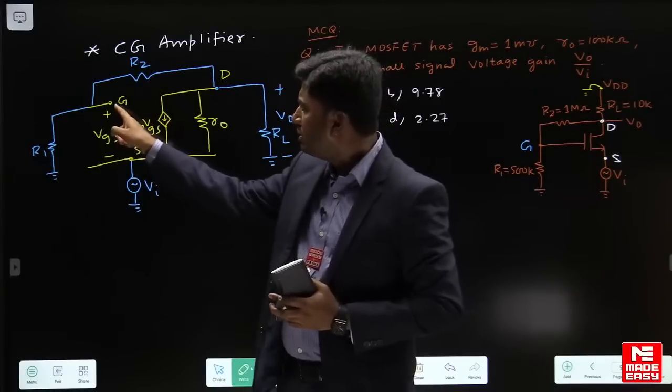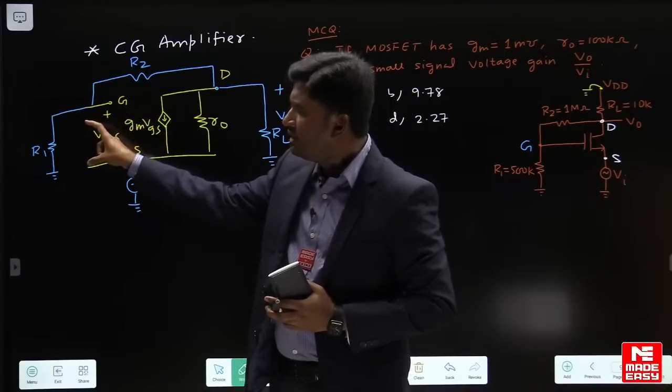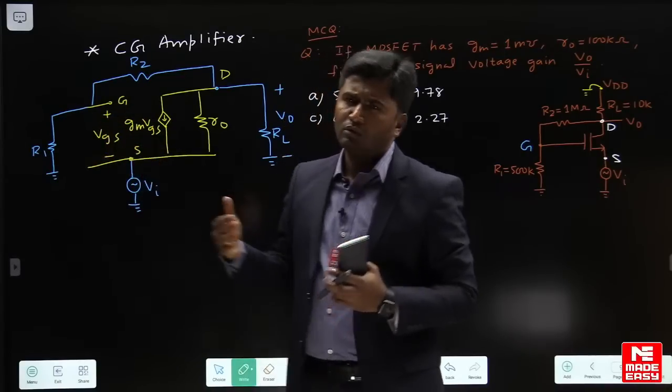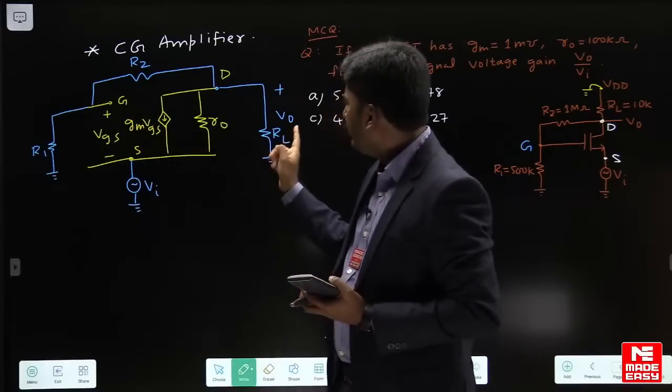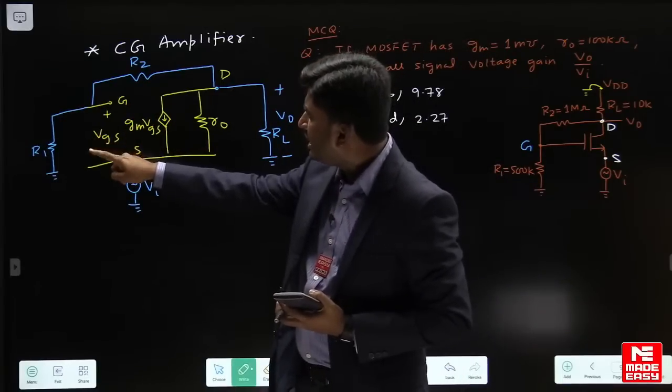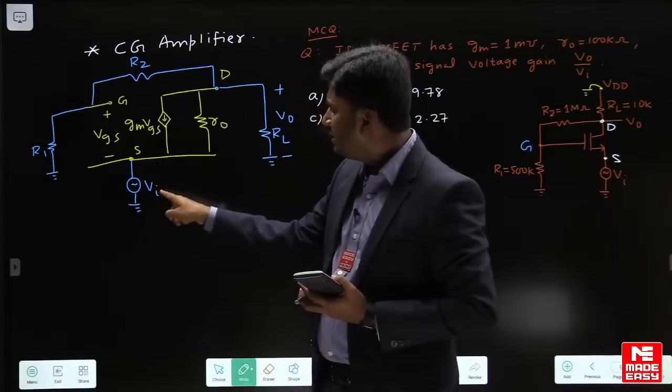So if I want to know the gate voltage, that gate voltage will be the voltage across R1, and we can find it through voltage divider. Gate voltage will be V0 into R1 divided by R1 plus R2, and source voltage will be nothing but Vi.